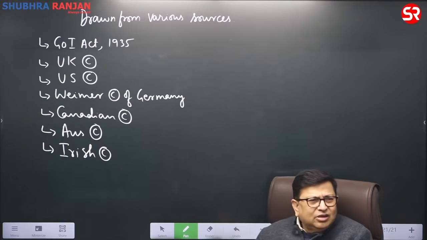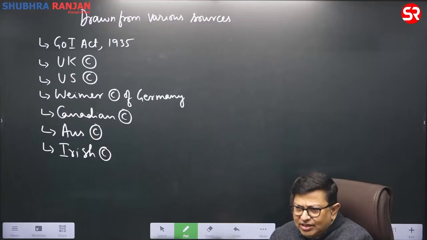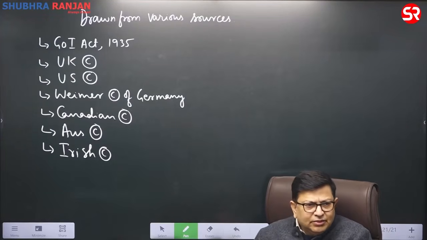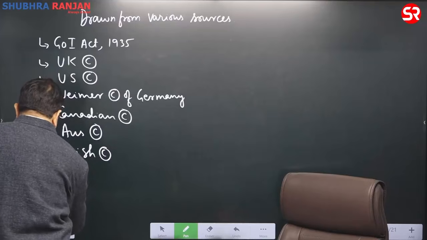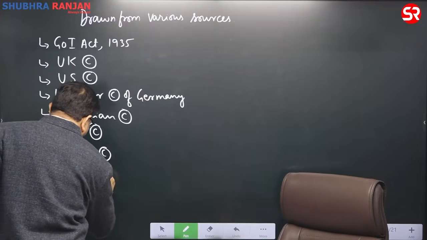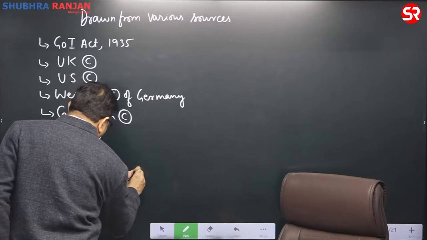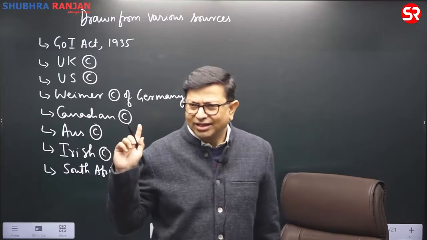Then we have the Constitution of South Africa. We have taken the process of amendment, the process of constitutional amendment. ये C grade topic है.